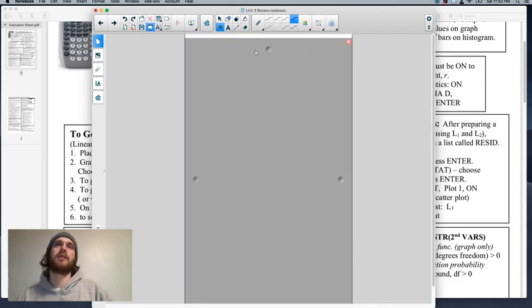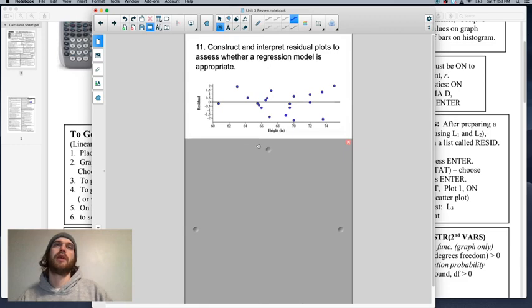Construct and interpret the residual plot to assess whether a regression model is appropriate.